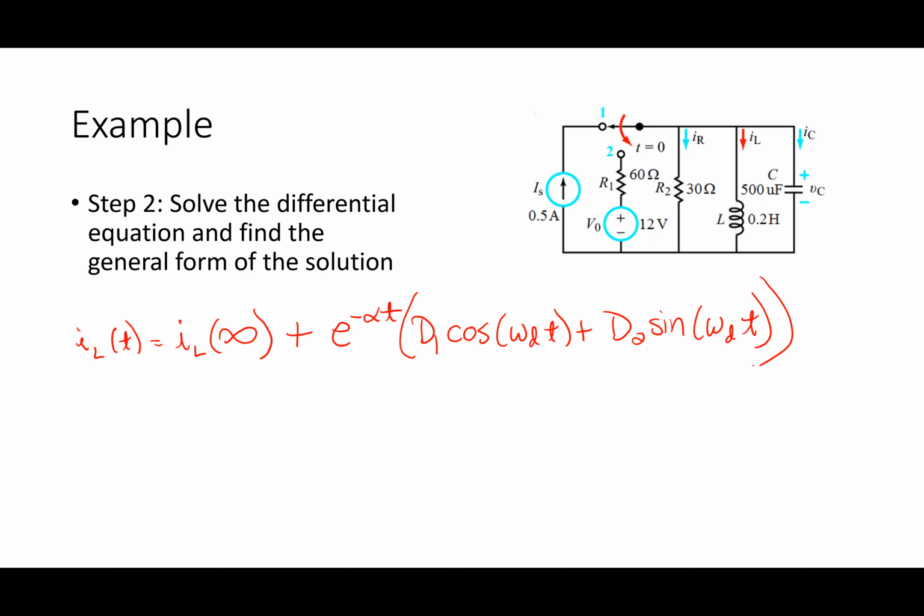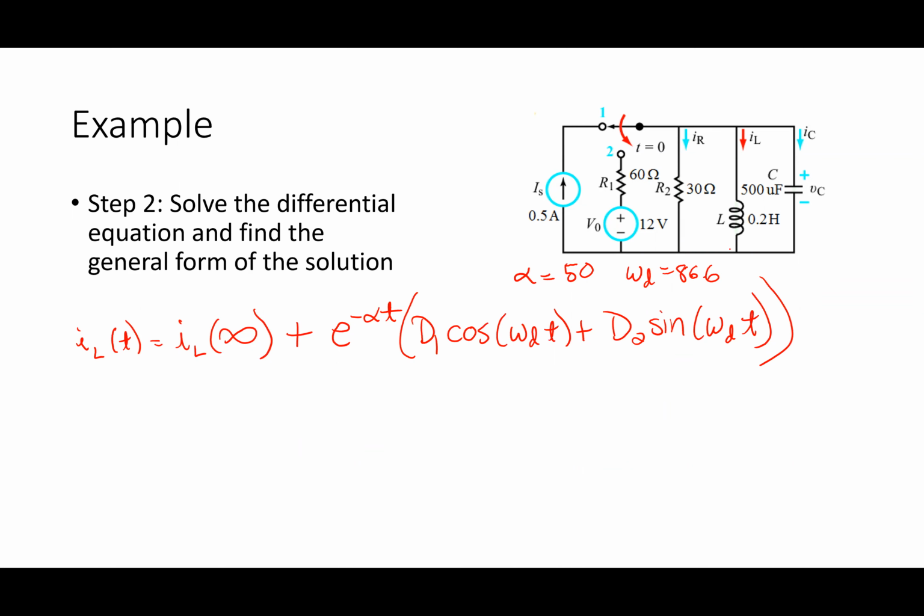All right. Now, we're not done. If we look at that, we have numbers now for alpha, right? Alpha is equal to 50, we said, and omega d is equal to 86.6. All right. So those have numbers.